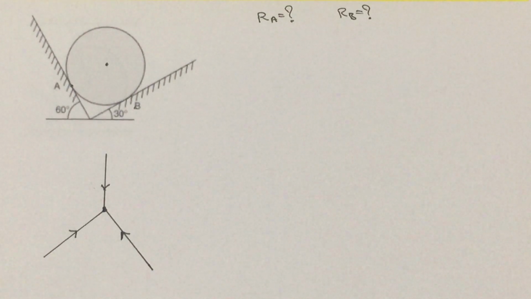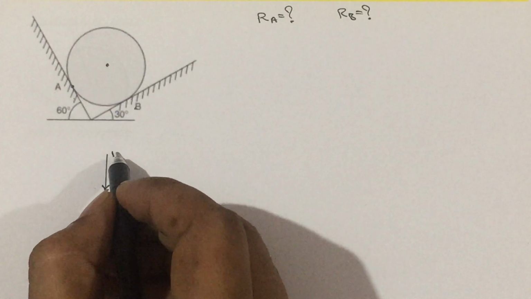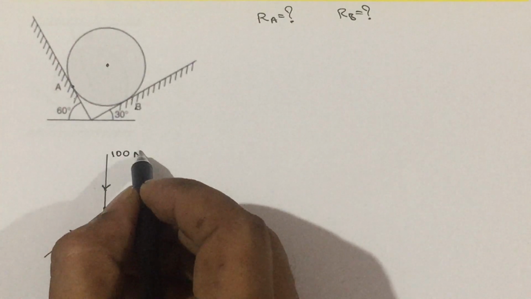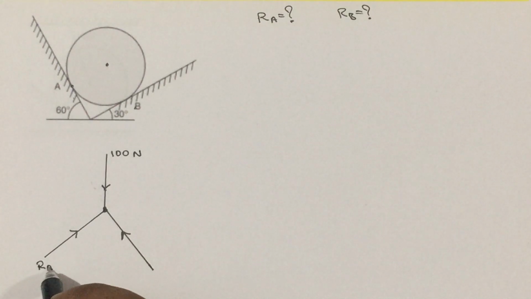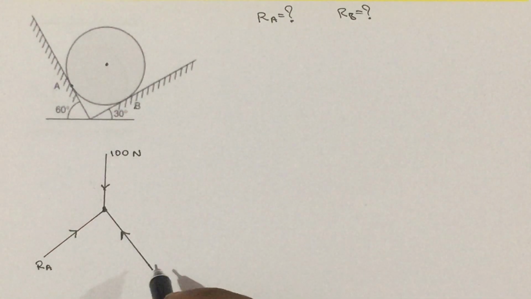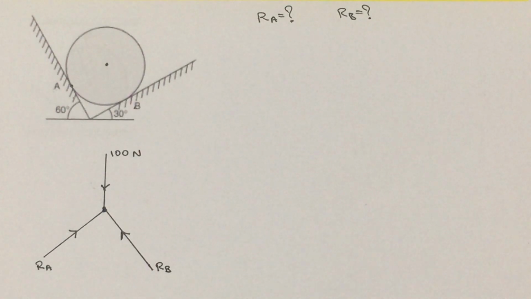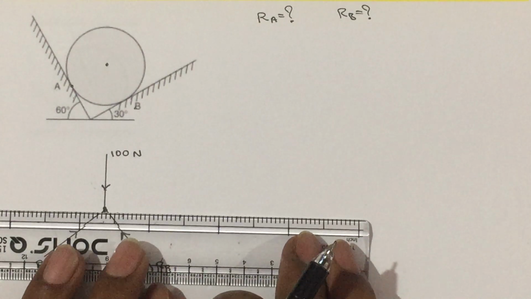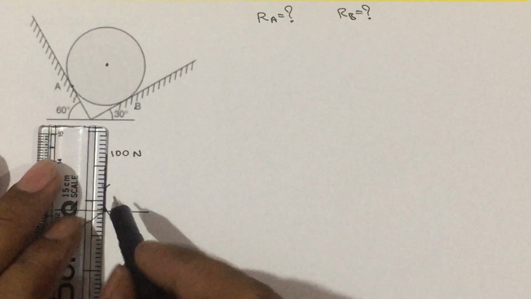Then magnitude. The weight is 100 Newton given in the problem. Then we don't know this one. This is the reaction at the contact point A and this one is the reaction at the contact point B. Then what we need? Angles. For that draw a plus mark at the point.